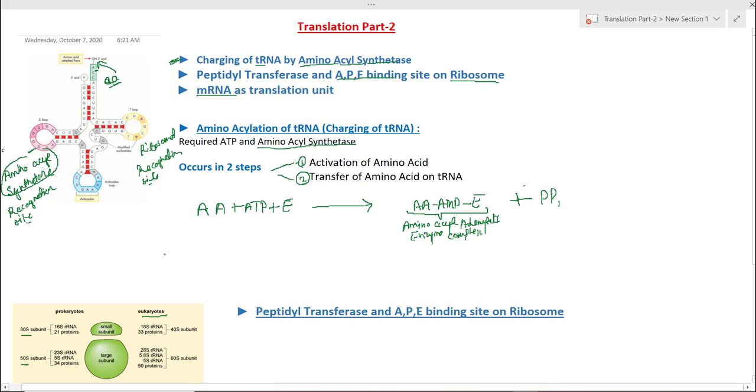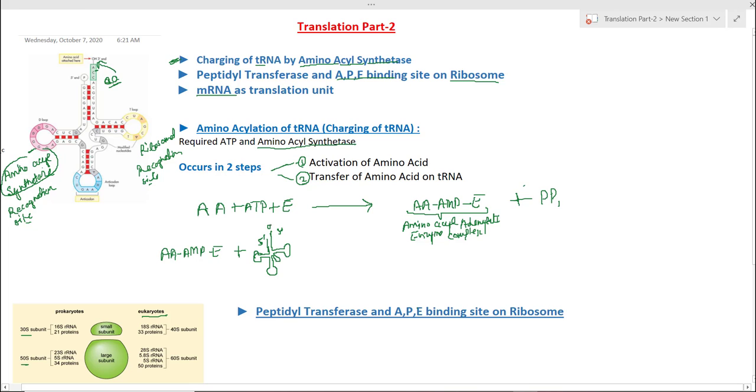Now this complex, the amino acid adenylate enzyme complex, will react with tRNA. I am drawing the structure of tRNA here. These are the different loops present on tRNA. It's the anticodon loop, the D loop, and this is the 5' end of tRNA, and this is the 3' end of tRNA.